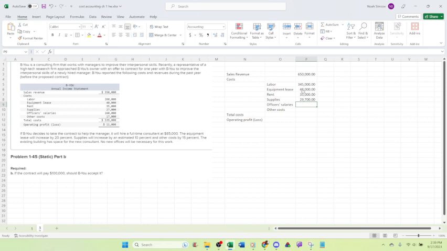So 160. Other costs equals 1.15 times 17,000, and then total is going to be equal to this.